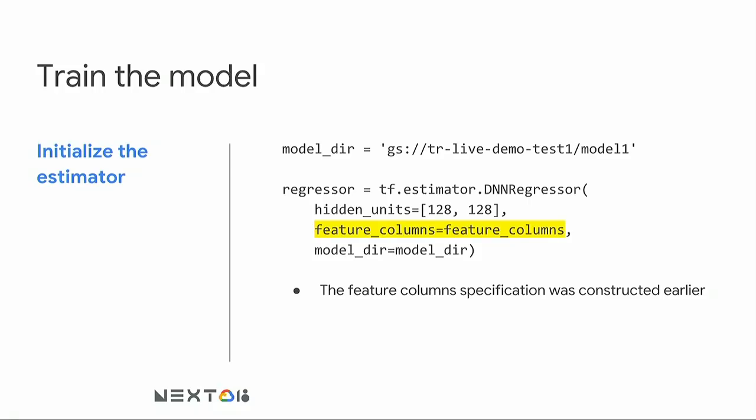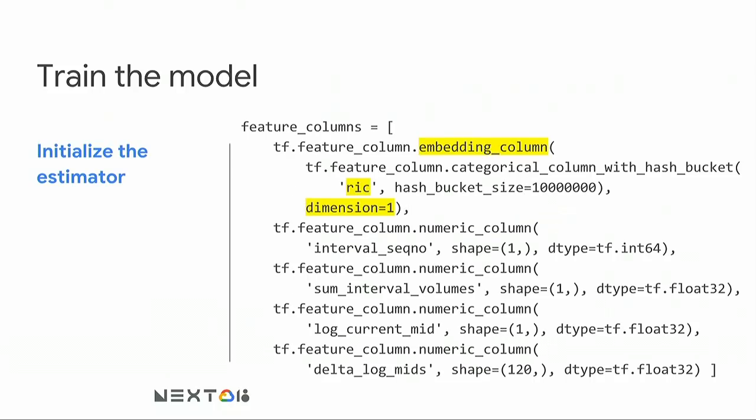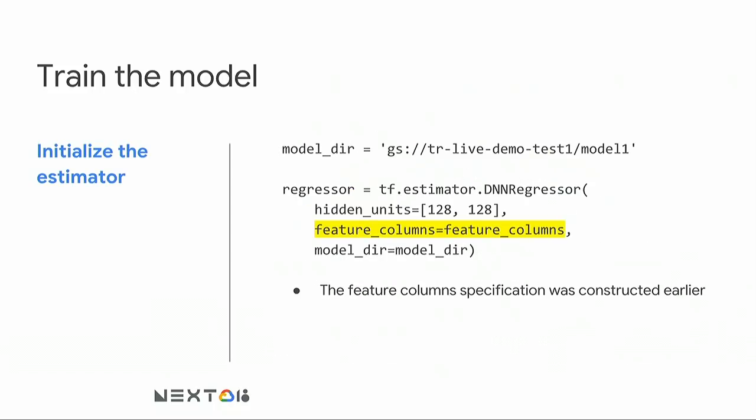It's a list of specifications of the dimensionality and type of each input feature. And model directory is an important argument. It specifies where the model is going to be saving its periodic checkpoint, so its state, and where it's also going to be periodically saving its training and evaluation statistics.